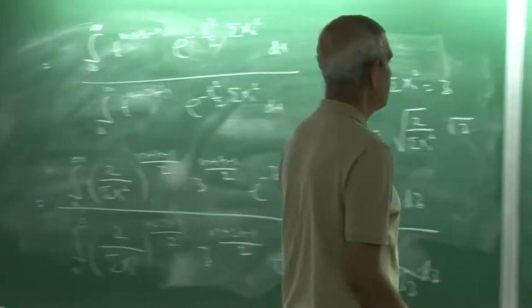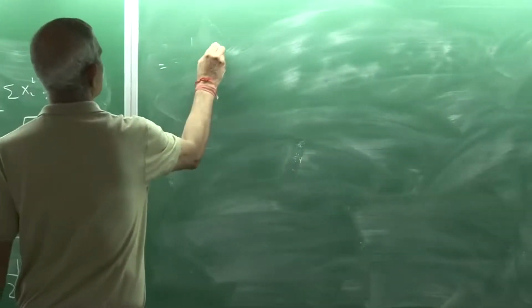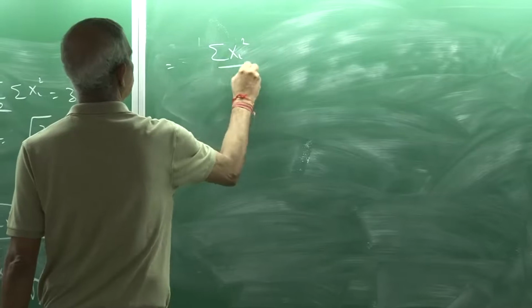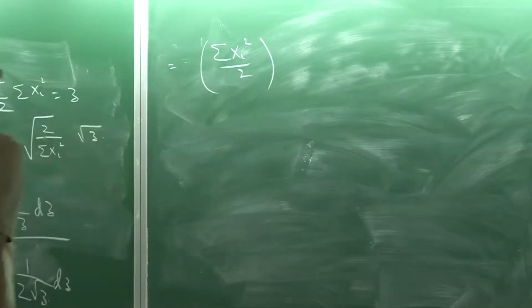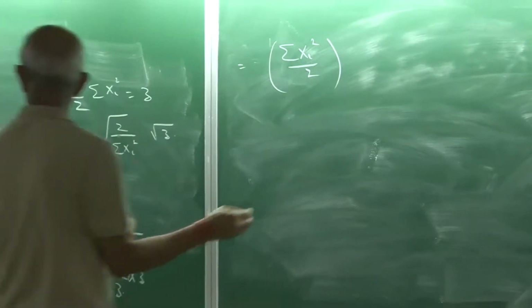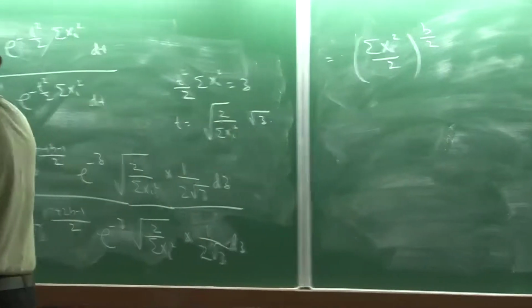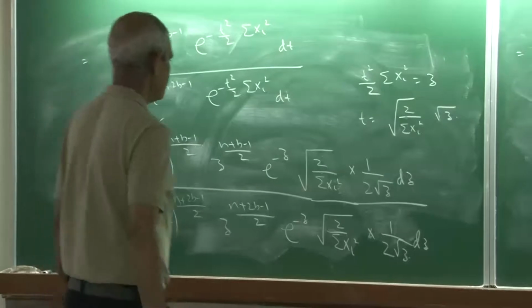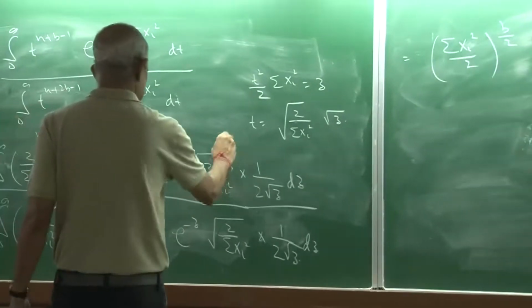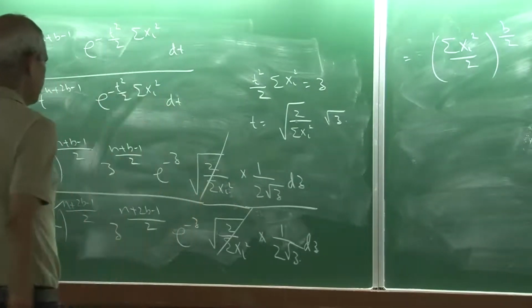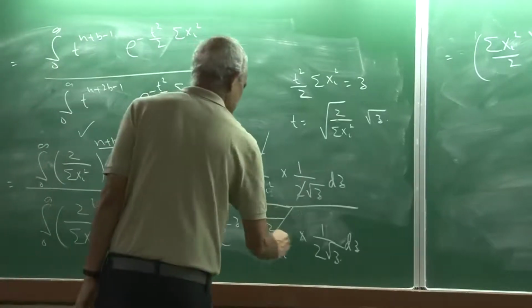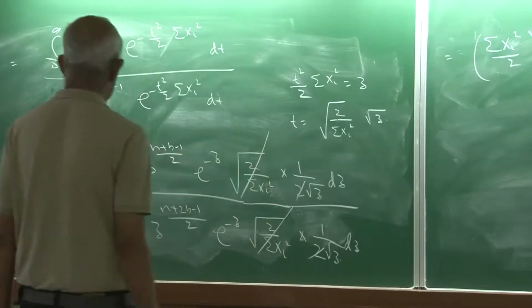So it becomes summation xi square by 2 to the power b by 2, I guess, yeah. This and this are taken care of. This will get cancelled from both numerator and denominator. This 2 will get cancelled from both numerator and denominator.